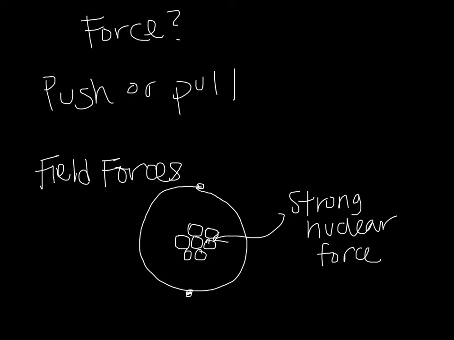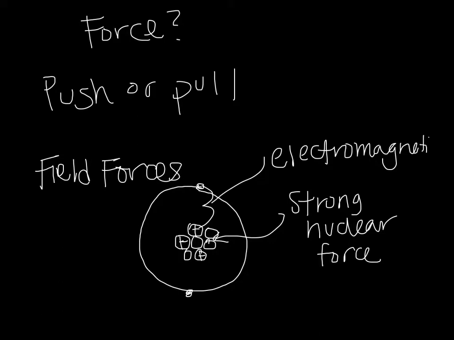And then there is an electromagnetic force between the charges within the atom. So if we have protons with a positive charge and electrons in the orbital outside with a negative charge, there is an electromagnetic force.